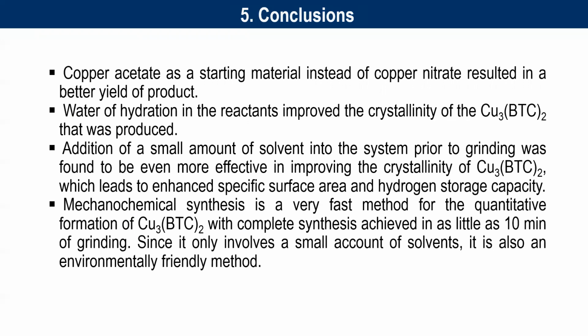Small amounts of solvents also had a very large role and caused better pore sizes for hydrogen storage capacity. And overall, it was found that mechanochemical synthesis is a very quick and easier process than the traditional synthesis method of copper BTC.